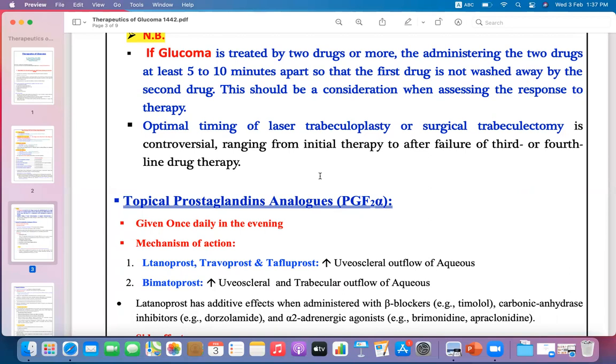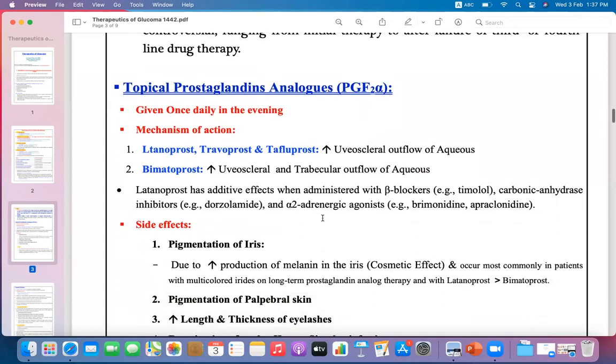Let us see the drugs one by one. Topical prostaglandin analogs, and the examples are latanoprost, travoprost, and tafluprost.